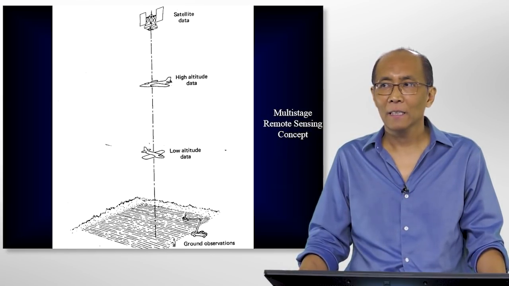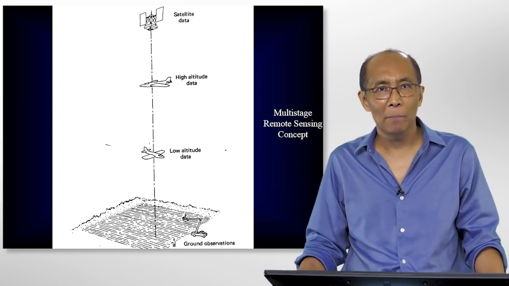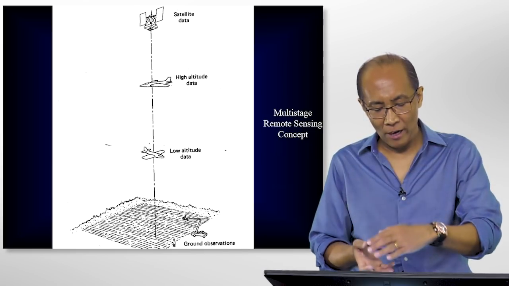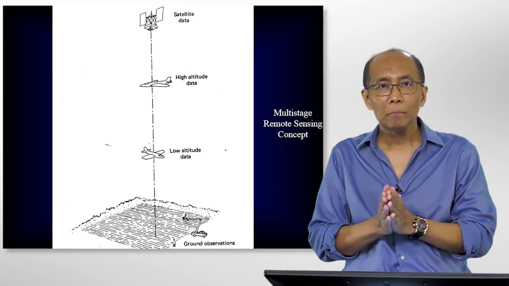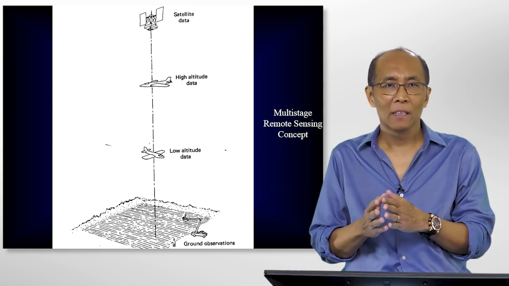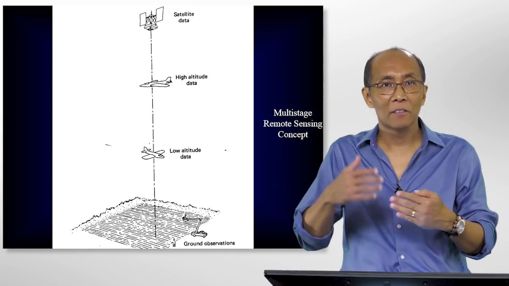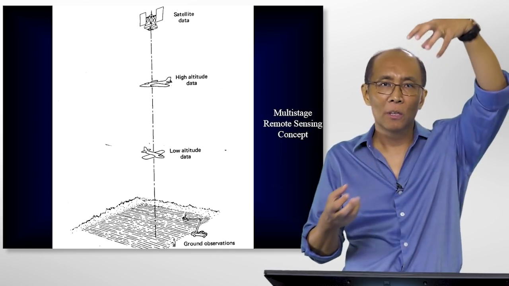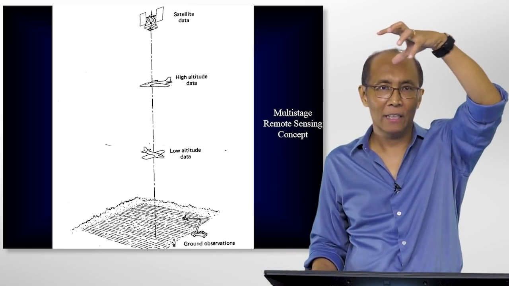And so let's say if you use a camera mounted to a low-flying aircraft and take the picture, then you can see things a lot clearer than the same camera that you mounted to a high-flying aircraft and take the picture.